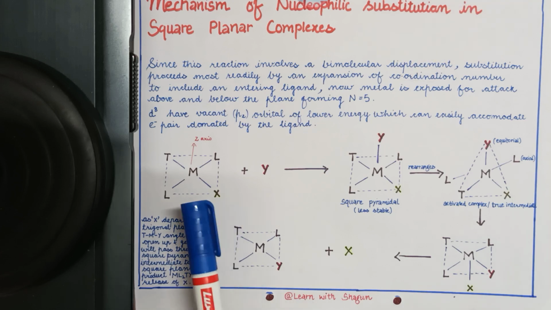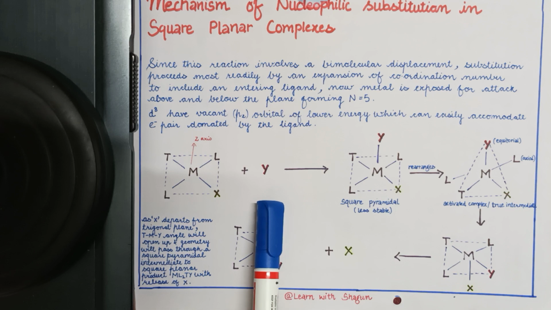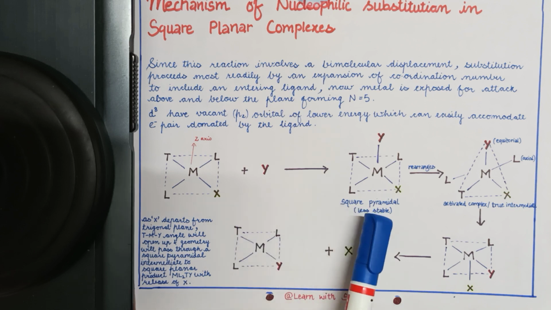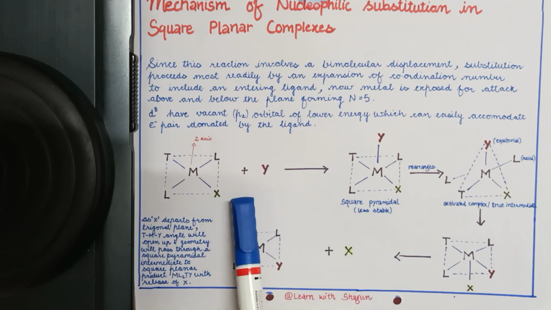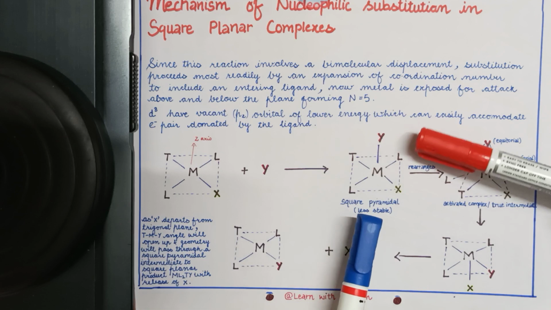See here, the coordination number is 4, right? Now when a ligand, or other I can say substrate, approaches, the coordination number expands. How? From 4 it became 5. This also got added on over here, right?